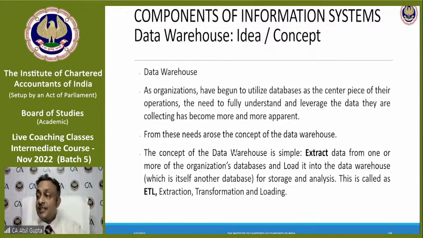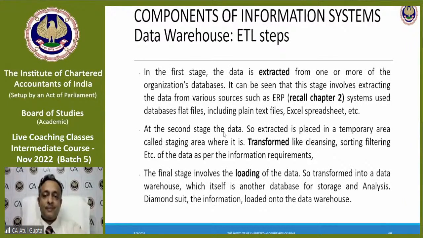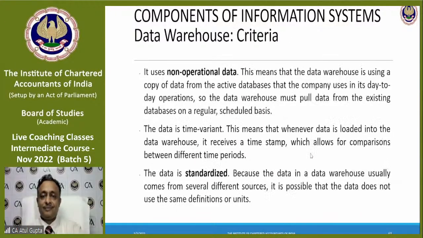So this last word is important: extraction, transformation, and loading. Loading of information for decision. Extraction, transformation, and loading. Then a concept has been given about operational and non-operational data. It uses any data, may not be operational, but relevant.